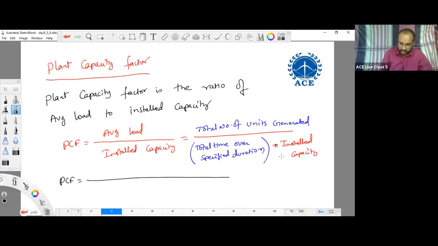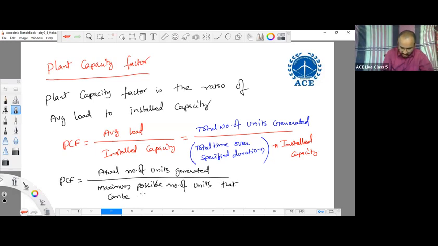Or we can also say the actual number of units generated by the maximum possible number of units that can be generated. So this is the plant capacity factor.